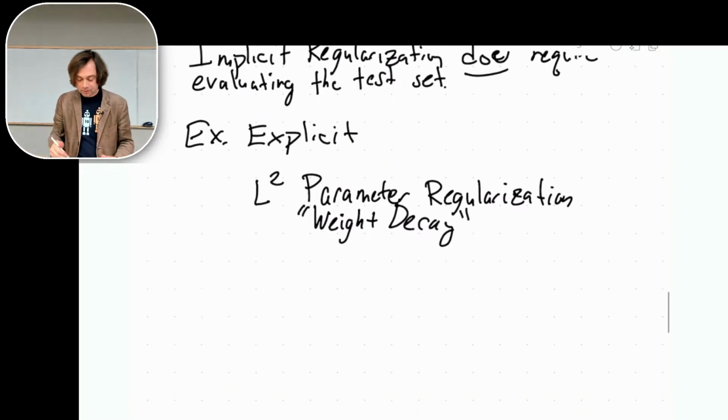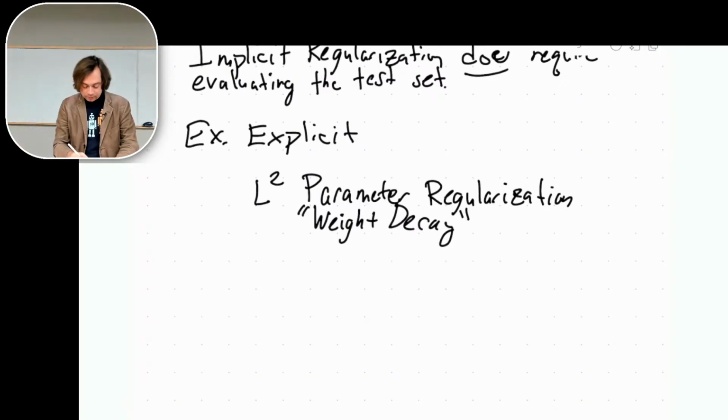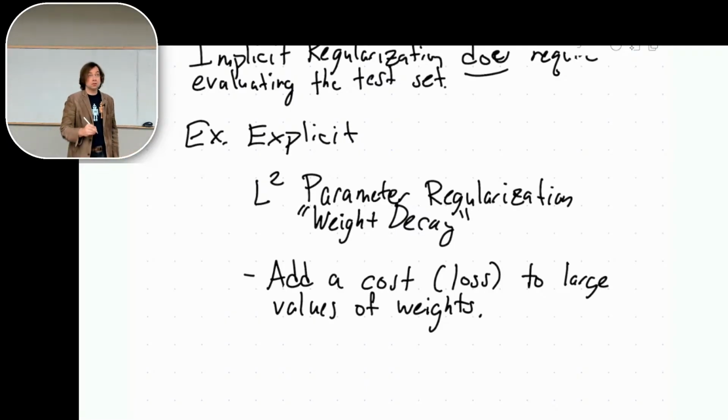We actually had this term in our derivation of back prop and forward prop. So the idea is you add a cost or a loss to large values of weights. You can do biases. Weights are more important.